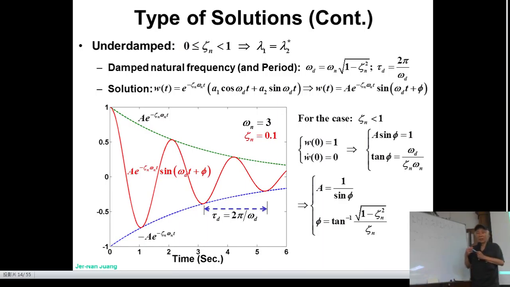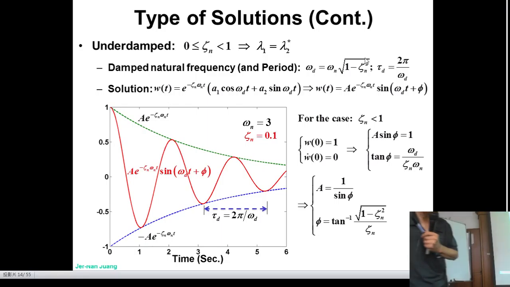Okay, so let us look at this guy here. This is my final solution. If you want to write it this way, the final solution is nothing but the real part of the eigenvalue times the imaginary part: A1 cosine omega d t plus A2 sine omega d t, and omega d is my eigenvalue, the pure imaginary part of the eigenvalue.